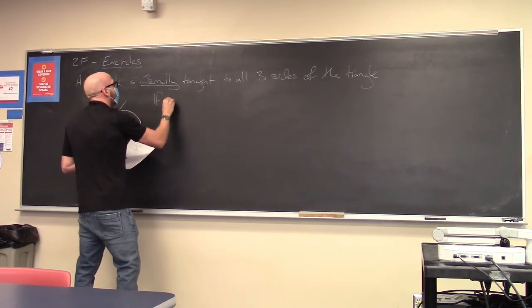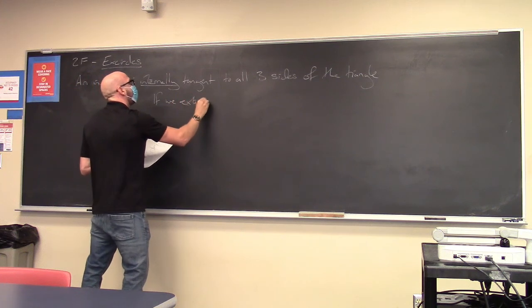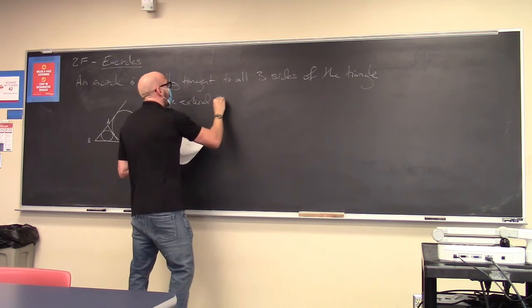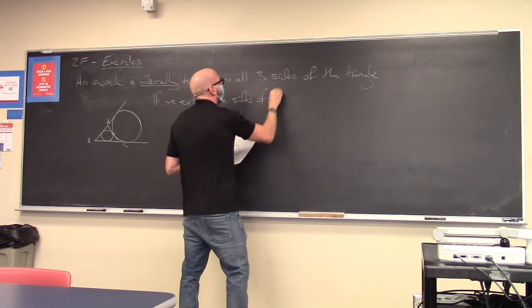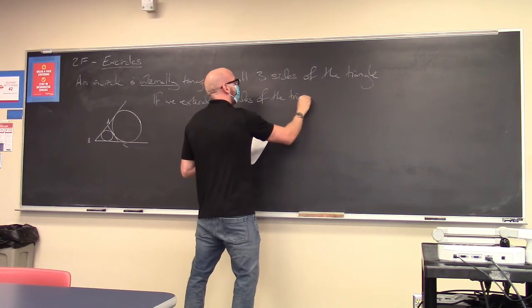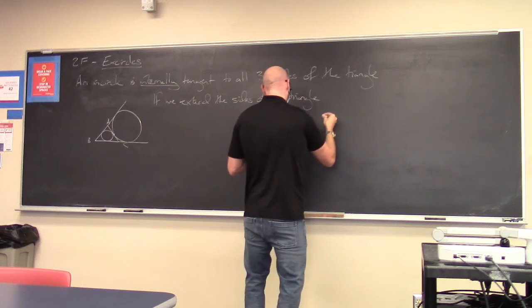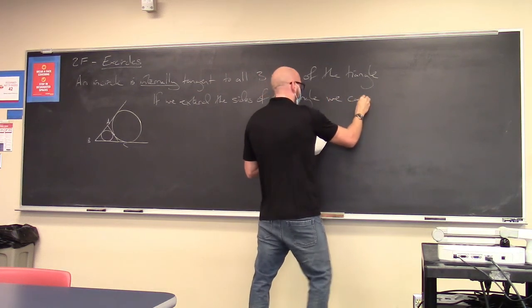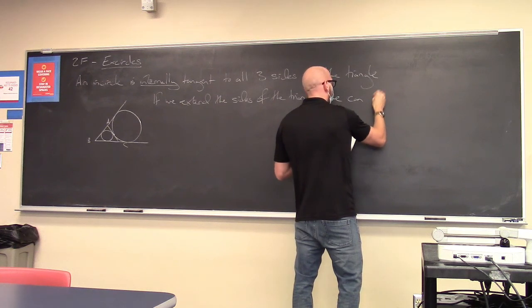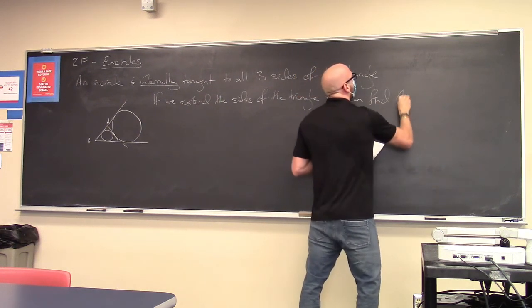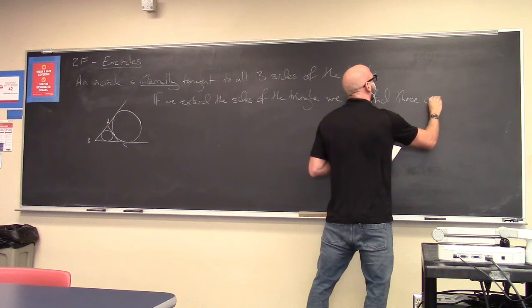So if we extend the sides of the triangle, we can find three circles. That's not the only one.